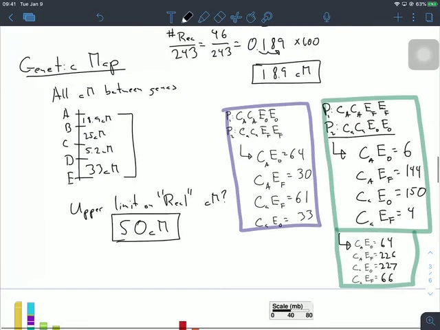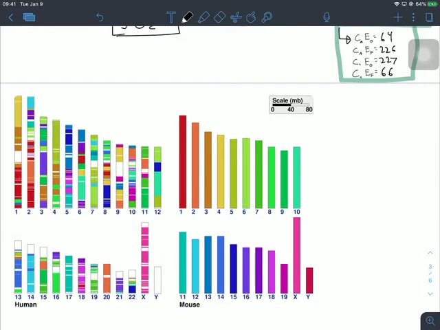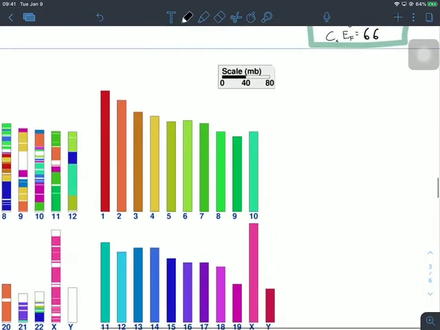But that's enough with the math today. We'll end the lecture with a brief discussion of some biology and chromosome structure by discussing just a few more terms. So the first term that I want to talk about is synteny.